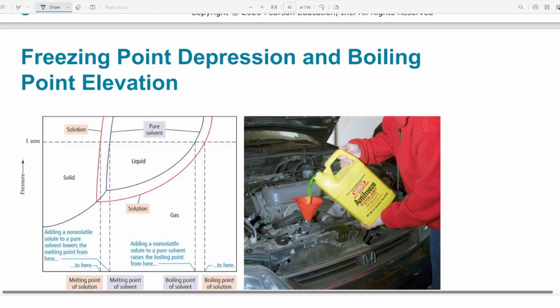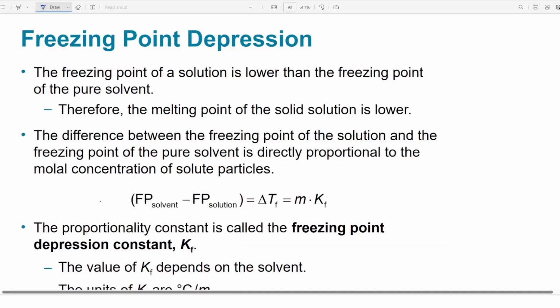When a solution exists, the freezing point is depressed relative to the pure solvent, and the boiling point is elevated relative to the pure solvent. The change in freezing point is given by delta T sub F. And this is the freezing point of the solvent minus the freezing point of the solution.